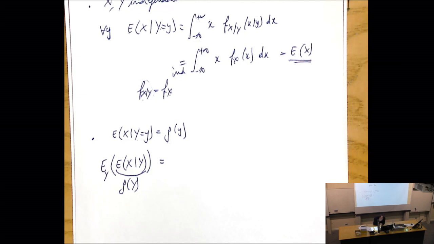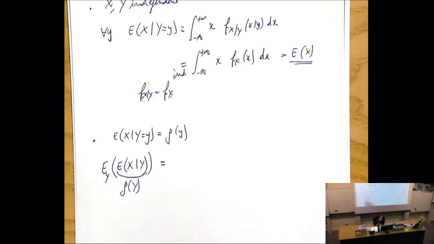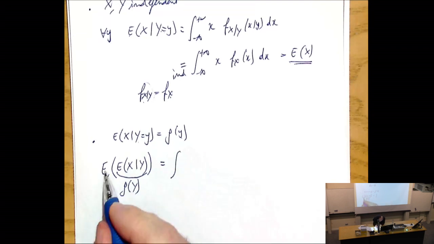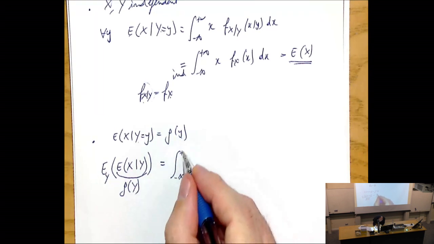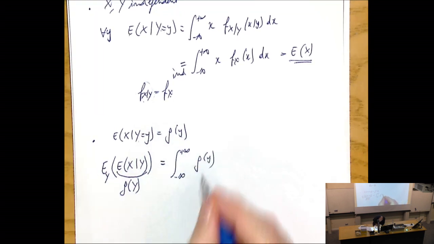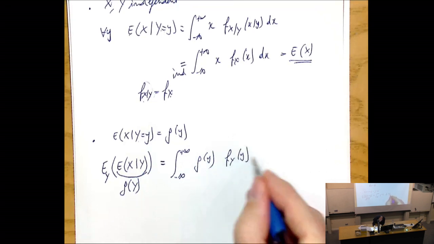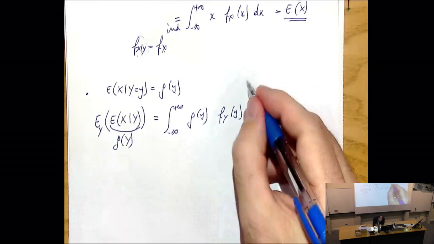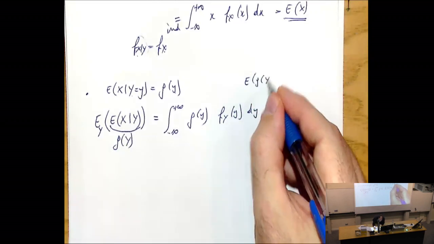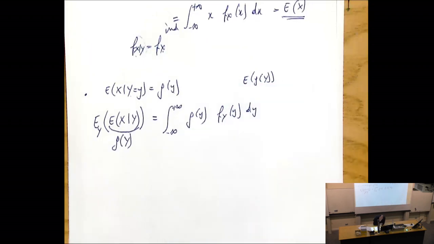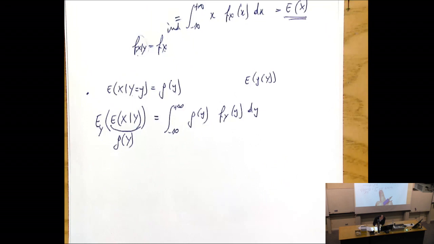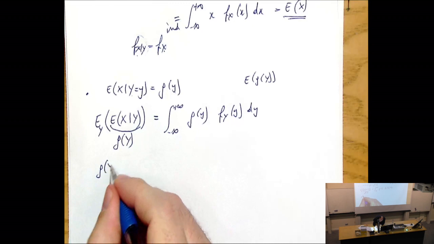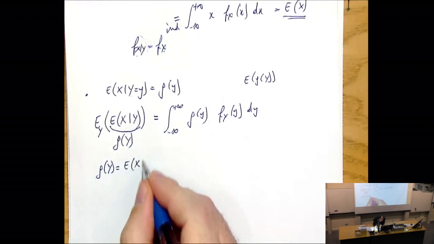Right, so let's try to see what this is equal to. This is a function of y, so this is an expectation with respect to y, so I'm writing the integral between minus infinity and plus infinity of g of y multiplied by the marginal of y. I can do that; this is simply the definition of what we had earlier. But now, what is this g of y? g of y is equal to the expectation of x given y.